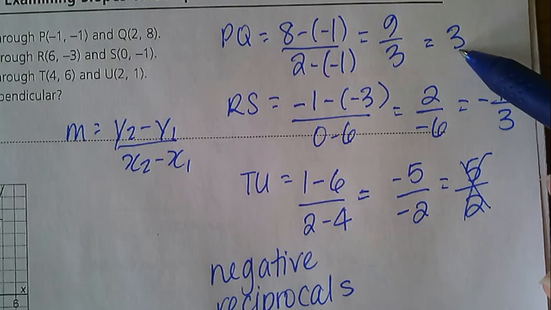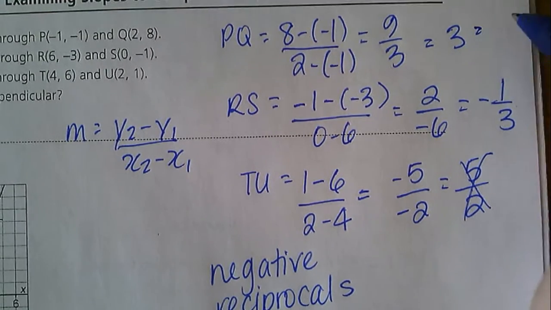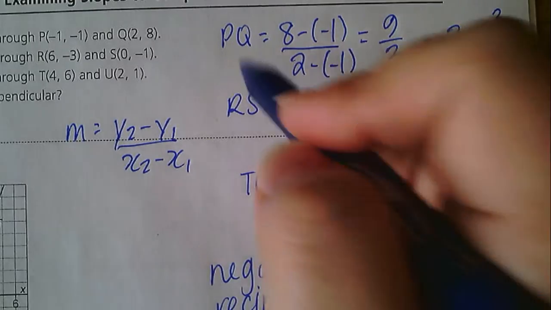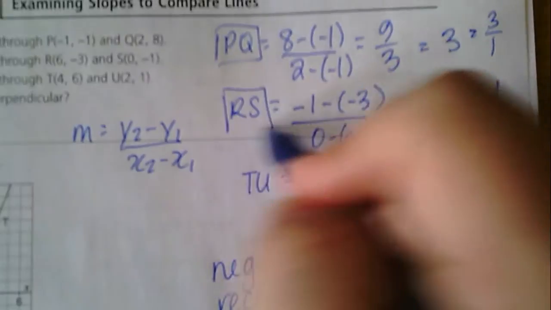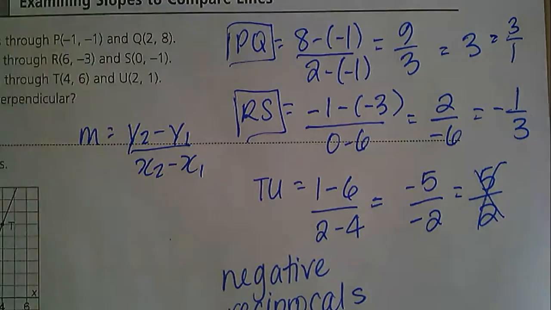We look at 3 and then -1 over 3. Remember, 3 is the same thing as 3 over 1. That is definitely a reciprocal, and this one's a positive, that one's a negative. So these two are our perpendicular lines. So PQ and RS are our perpendicular lines, because those are negative reciprocals.